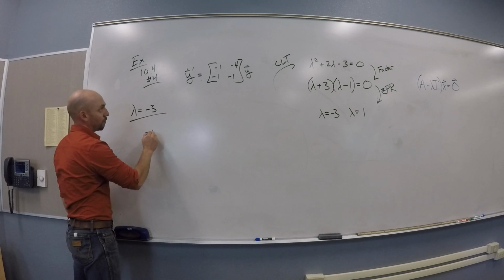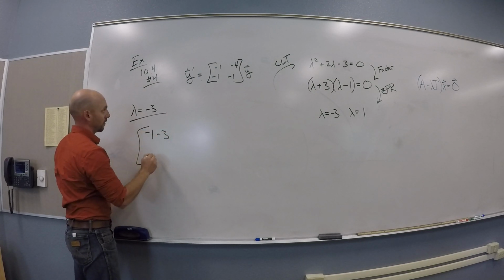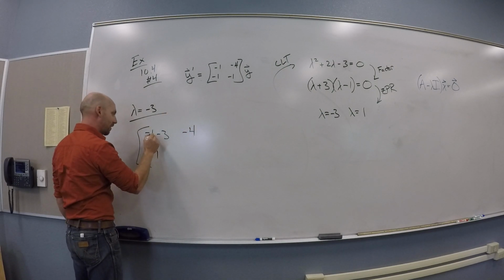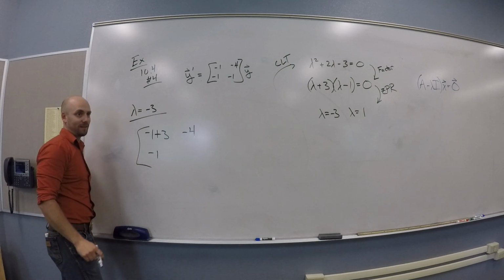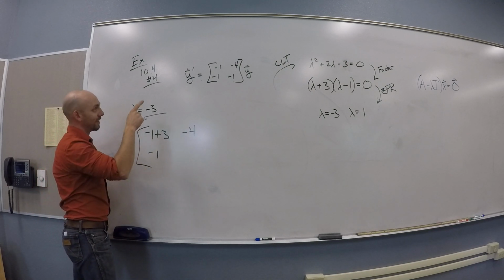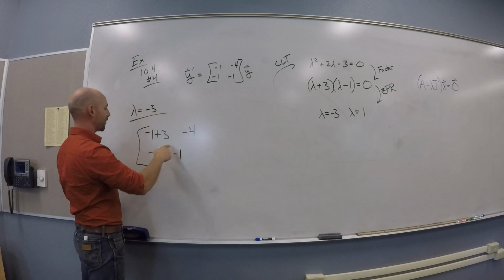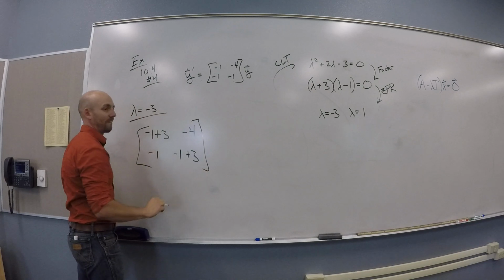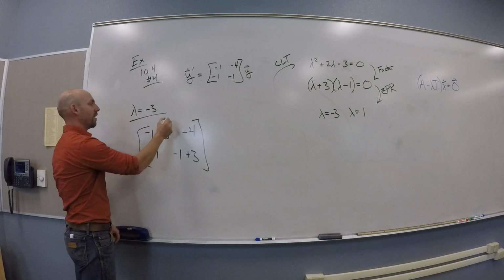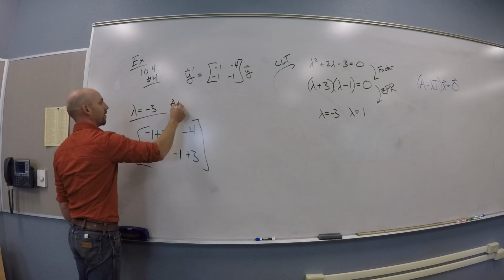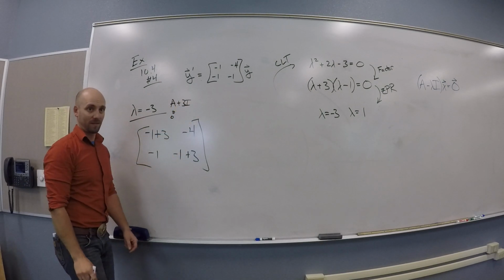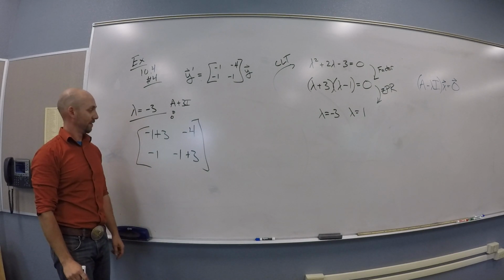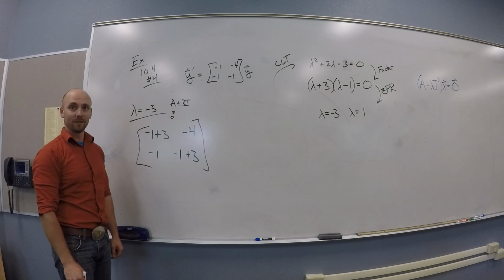So that's minus 1, minus 3, I mean minus minus 3, plus 3, like I said, and then minus 4 and minus 1 and minus 1 minus 3 again. So this is my A minus lambda I, and I need to multiply that by some vector x and get the 0 vector out of this.